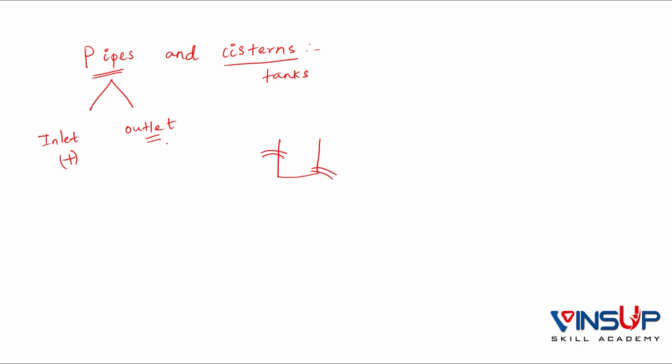An outlet may be a pipe, or it can be leakage, damage, or holes which occurred in the tank. So the outlet's role is to empty the tank, and we represent the outlet with a minus symbol. Inlet pipe positive, outlet pipe negative. Keep this in your mind.